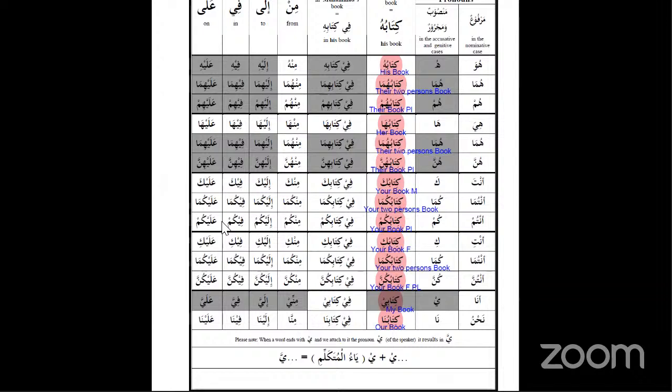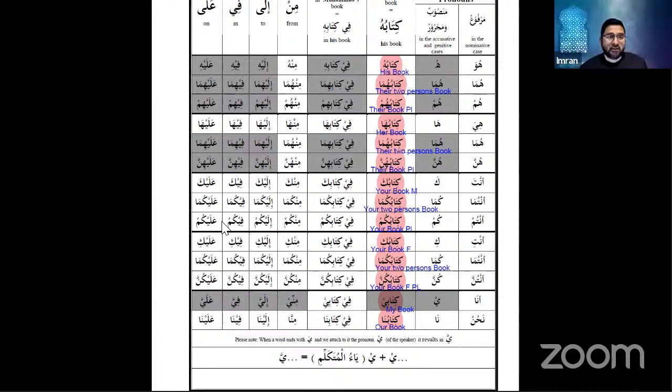Kitabukuma, your book, two-person. Kitabukum, your book, plural. Kitabuki, your book, female. Kitabukuma, your book, two-person. Kitabukunna, your book, female plural. Kitabi, my book. Kitabuna, our book. Excellent.